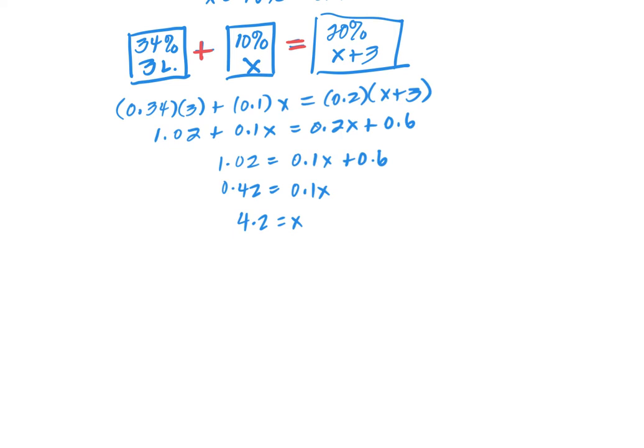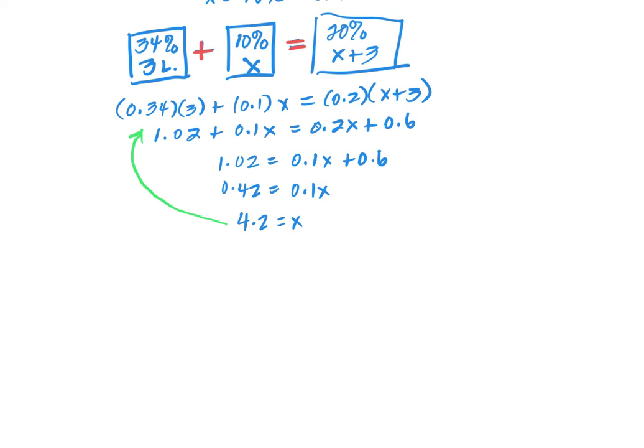Now I could simply put the 4.2 back into my equation to see if it works. But then again, if I set up the equation incorrectly, then the 4.2 would be incorrect. So my other check is to say, is 4.2 really reasonable? Yes, because it's close to 3.